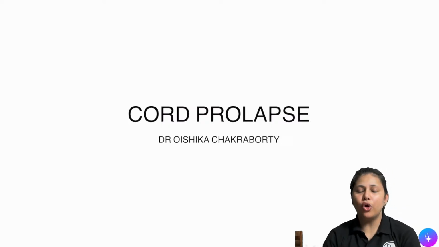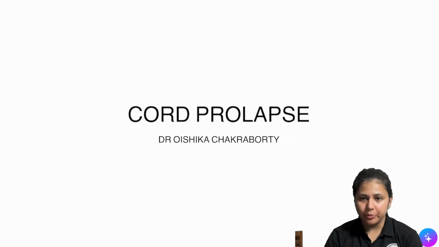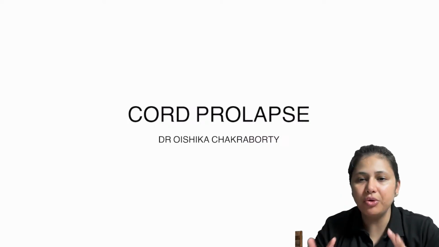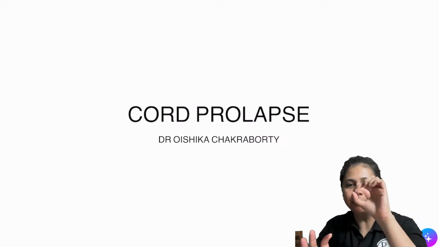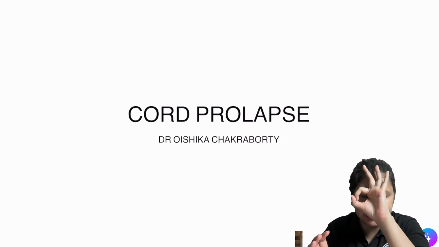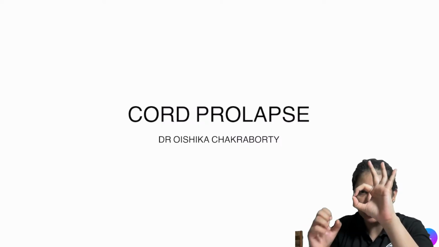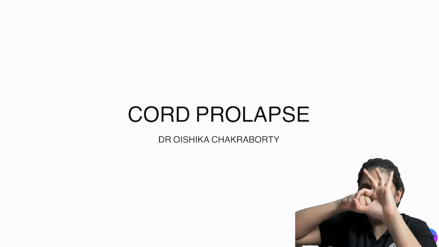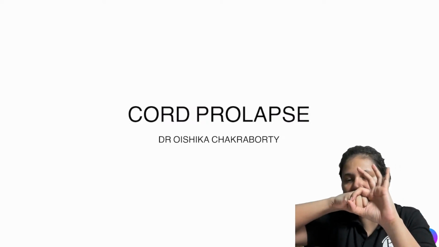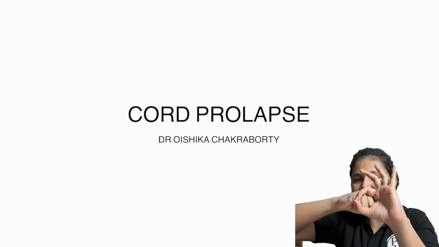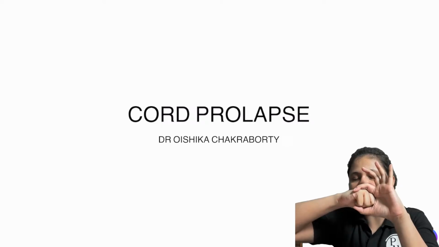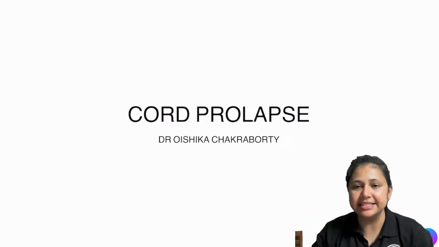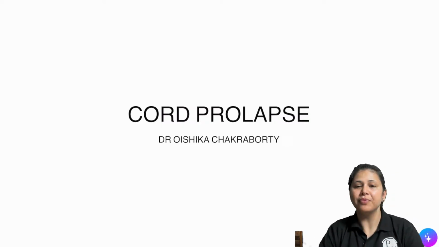So what we are going to talk about today is something called cord prolapse. Remember when I was telling you about breech and transverse lie, I kept telling you one thing: in cephalic, the skull bone is tightly opposed to the cervix as it dilates, so there is no space for something to slip out.